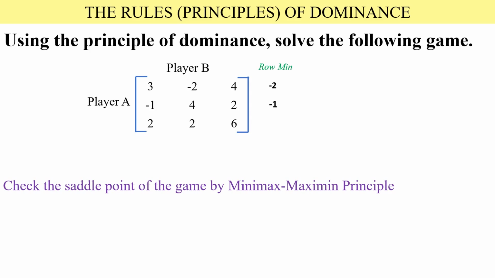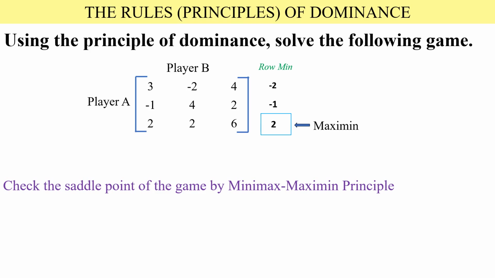For the third row, the minimum value is 2. Among these minimum values, we have to select the maximum value. Here the minimum values for each row are -2, -1 and 2. Among these values, we select the maximum value, which indicates the maxi-min value. Here the maximum value is 2 and this is the maxi-min value.